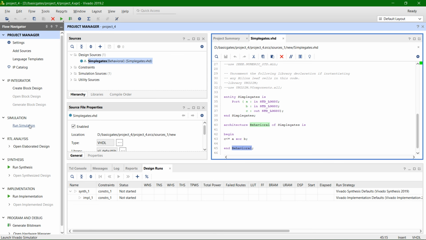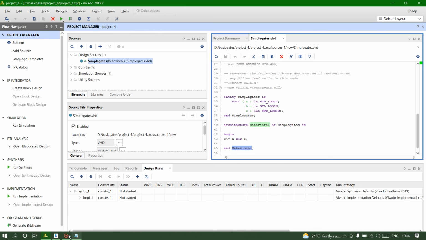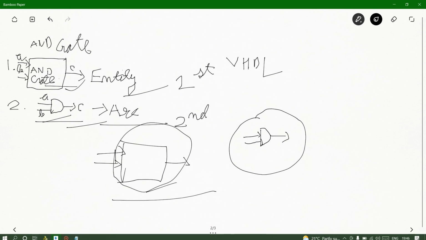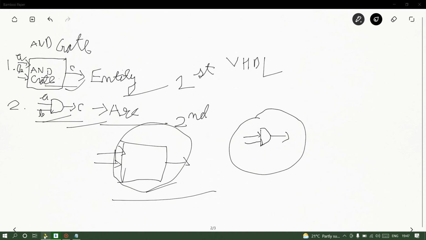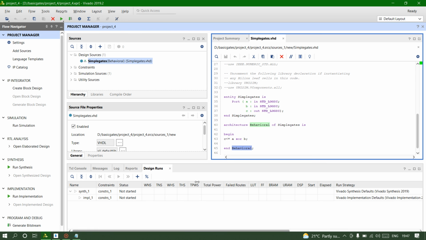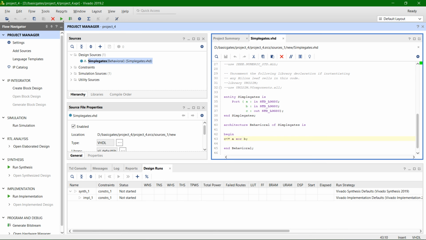So you guys just see that this is the diagram of my AND gate. Sorry, one minute. I am making it an AND gate so that it will be easy for you guys.